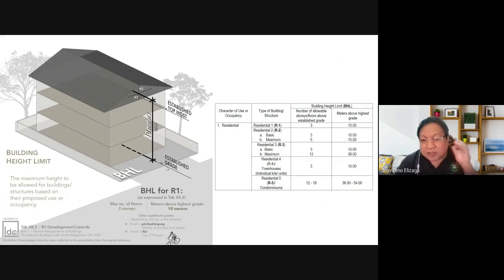The established grade is the soil, the grade line. If you have a paved area, you normally have the soil and then maybe 4 inches of concrete pavement. So the grade is the soil, not the top of the pavement.